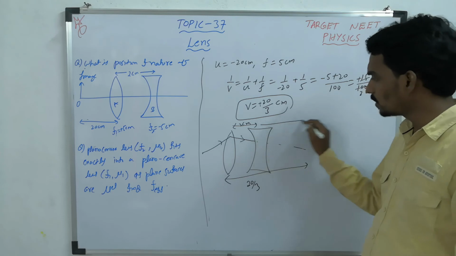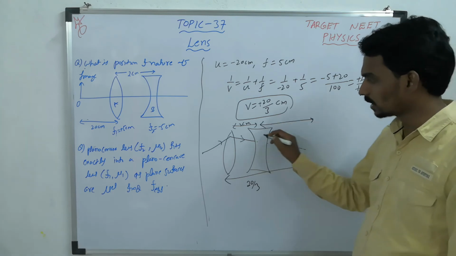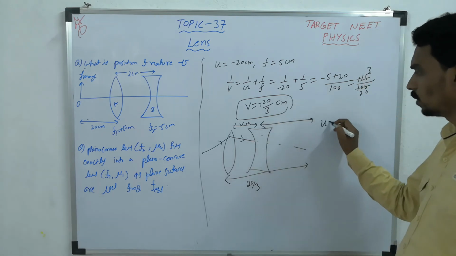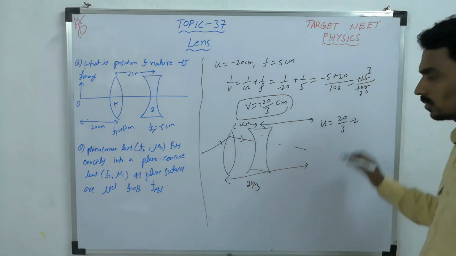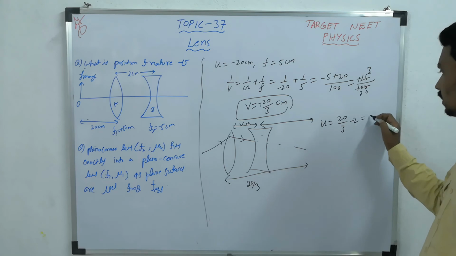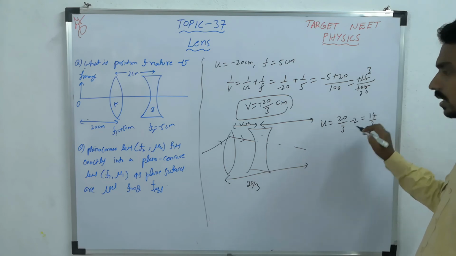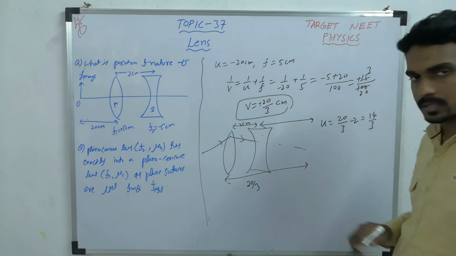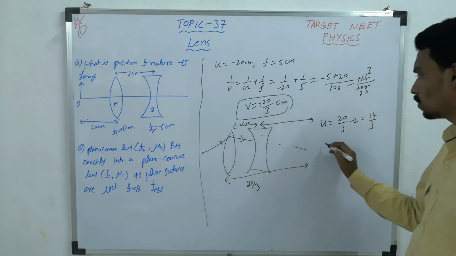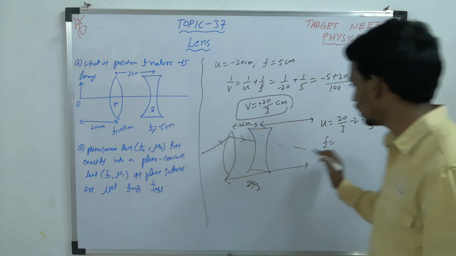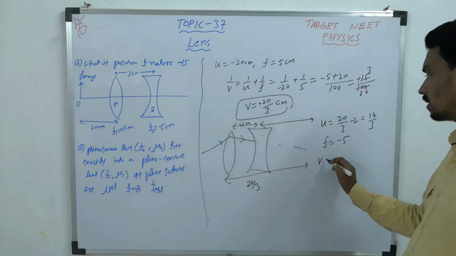Then what is the object distance, the virtual object distance for this lens? U is 20 by 3 minus 2, so it becomes 14 by 3. So U is positive because it is a virtual object. Now U is this much and the focal length is minus 5. Then what is the final image?